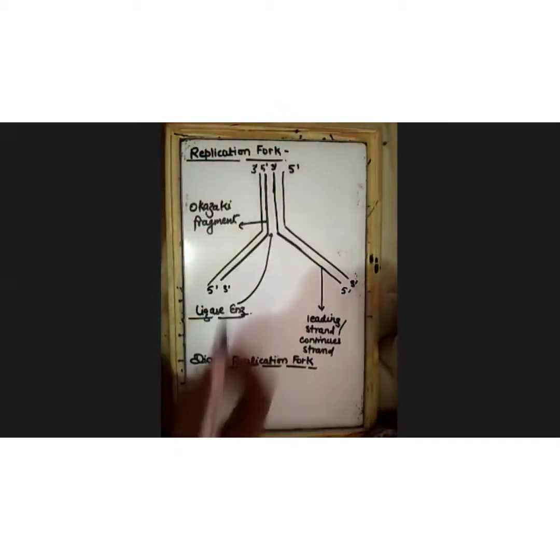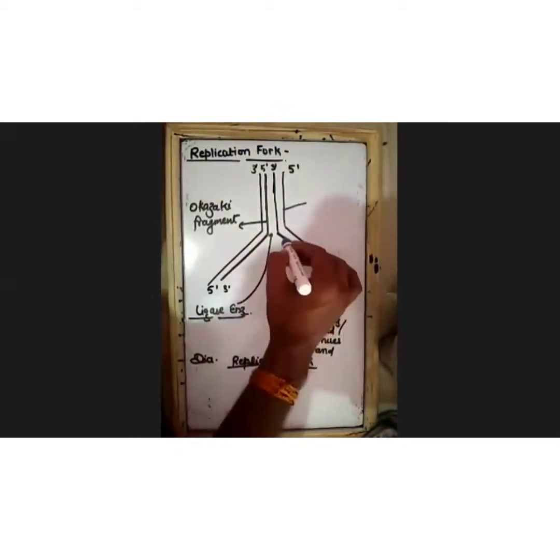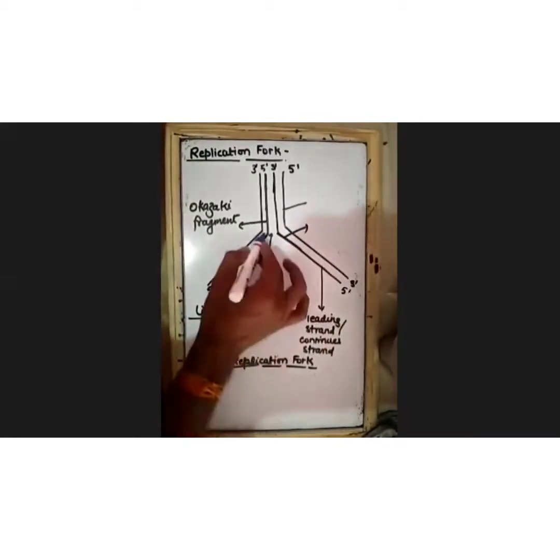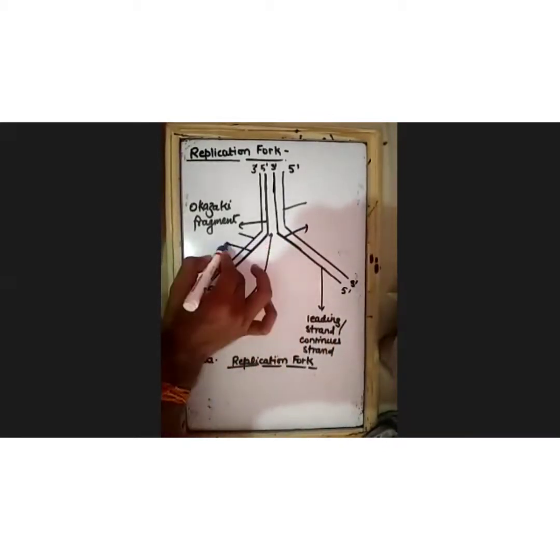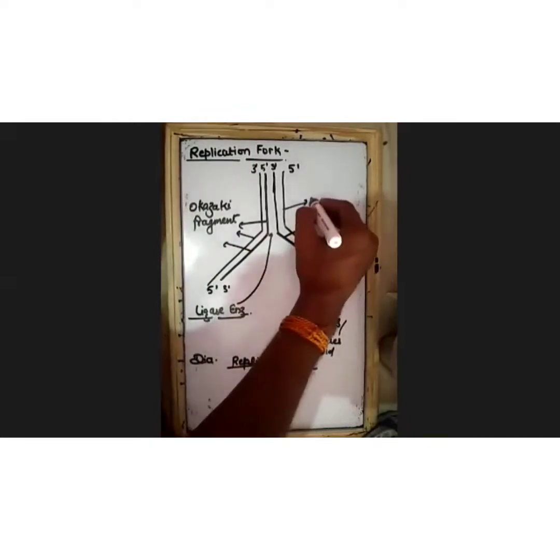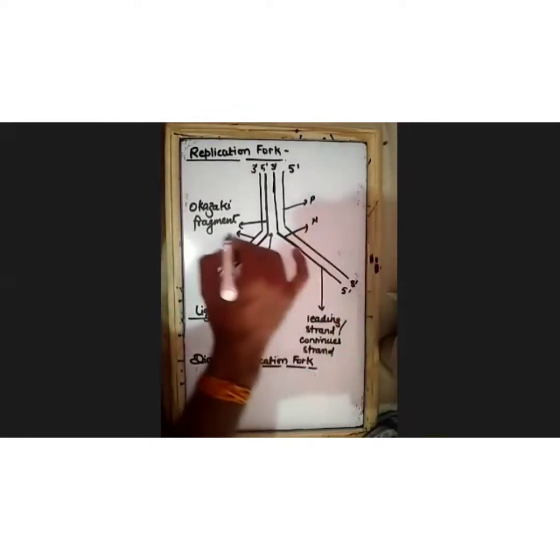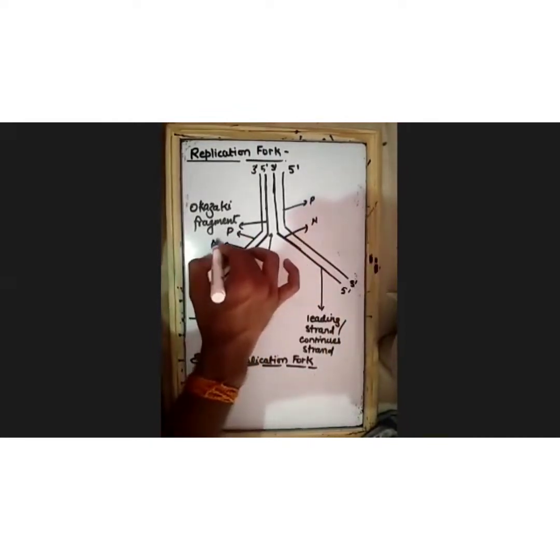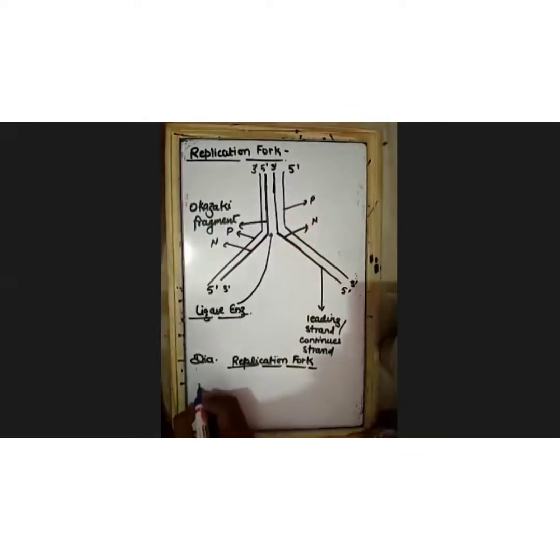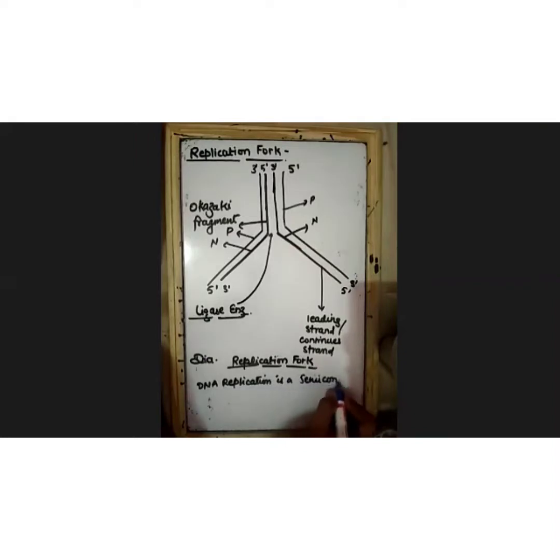And you can see here, this is the parental DNA, this is the newly synthesized DNA, this is the parental DNA, newly synthesized DNA, this is the parental one, parental DNA, newly synthesized DNA. So DNA replication is semi-conservative.